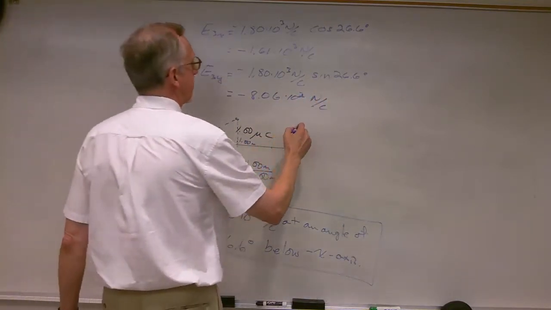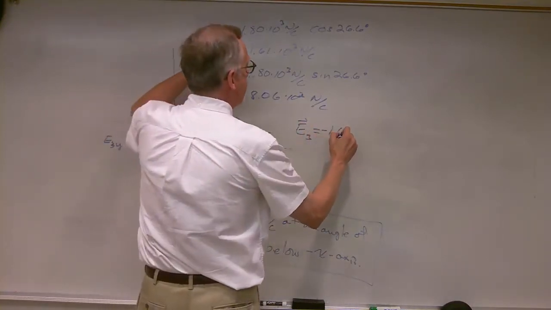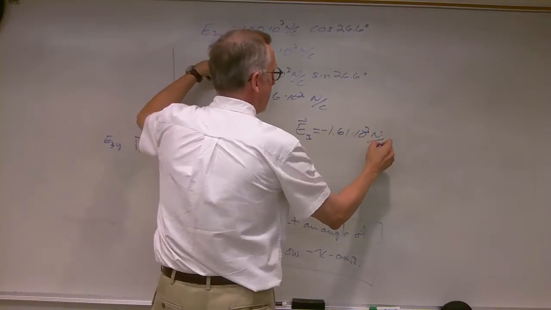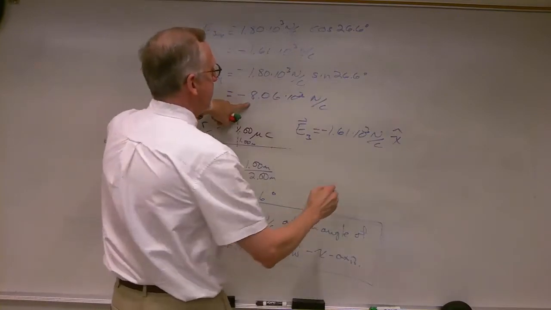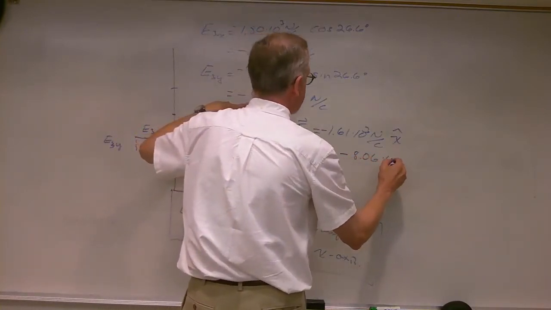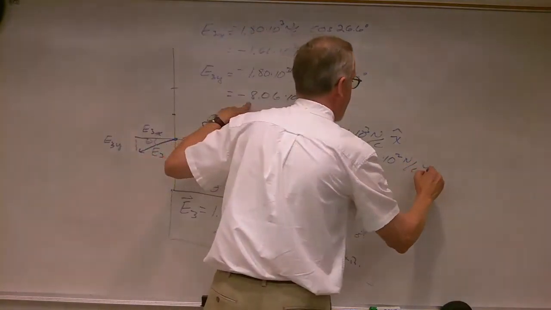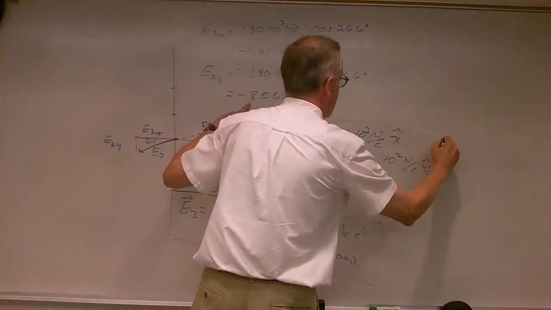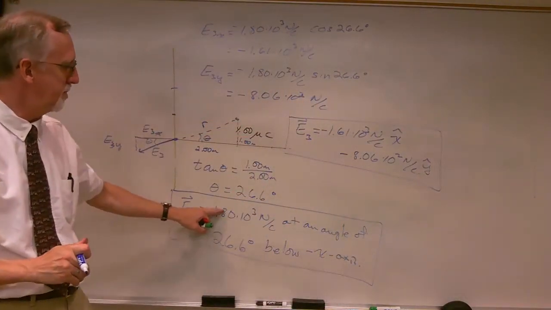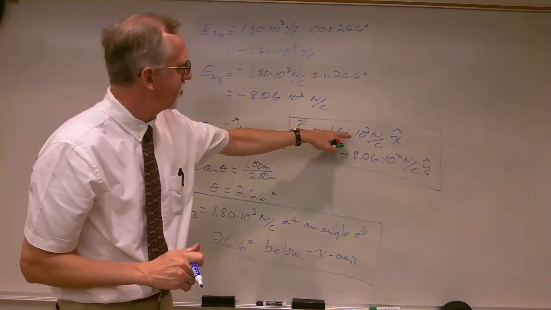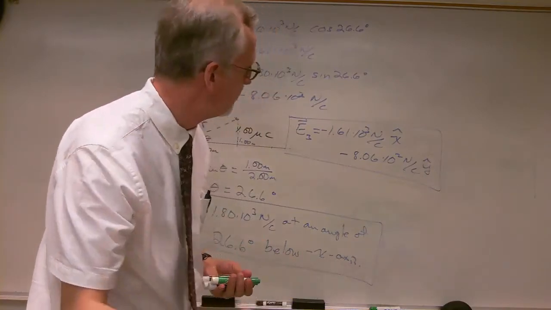And there we go. We can then write that E3 is equal to negative 1.61 times 10 to the third newtons per coulomb x hat minus 8.06 times 10 to the 2 newtons per coulomb y hat. And there we have the component form of E3. So we've got E3 in the magnitude direction form and E3 in the xy component form. Okay, good.